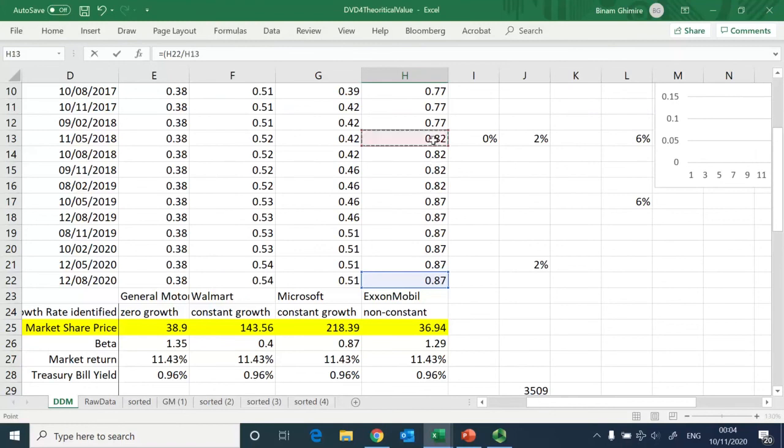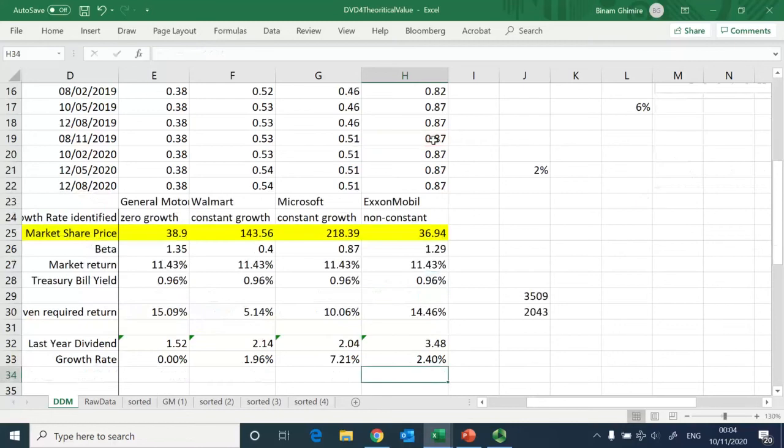So this one here, and power 1 divided by not 5 but 2.5, take away 1. So that will give us the constant growth rate of ExxonMobil, which only starts halfway through.